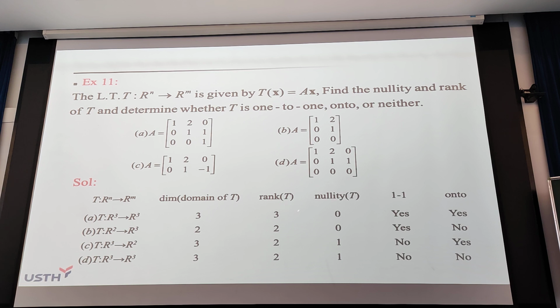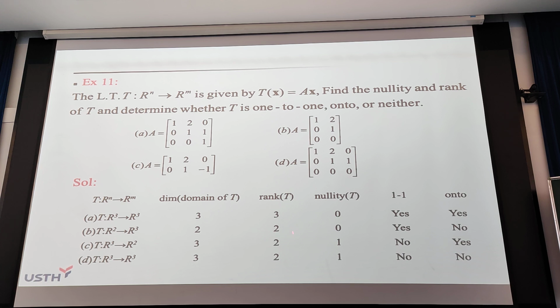The dimension of the range is exactly the rank of T, and here the dimension of the codomain is 3. So in the first case, it is onto. And the second one, the dimension of the range of T is 2, but the dimension of the codomain is 3. So in that case, it is not onto.